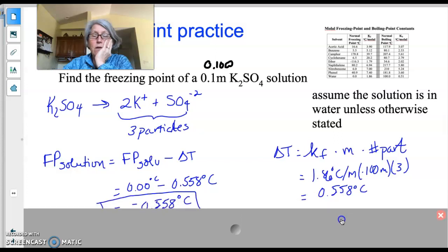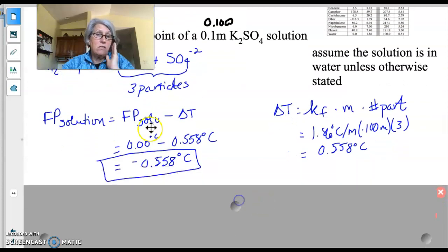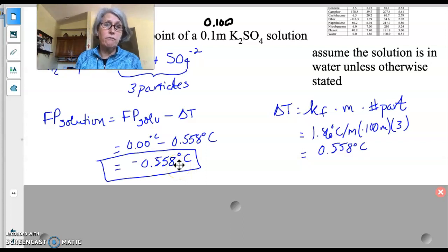So when I do that work, it ends up being 0.558 degrees C. I then am going to plug that into whatever the freezing point is of the solvent. Well, in this case, it's water, and the freezing point of water is 0 degrees C. And I'm going to subtract the delta T that I calculated here, and that gives me a freezing point of solution of negative 0.558 degrees C. So that is how you calculate a freezing point depression problem.